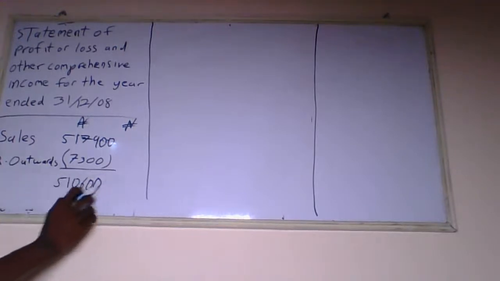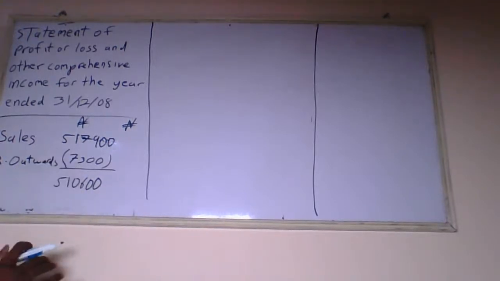So this is the sales amount that we are going to use at the end of the day. We already deduct our return inwards.